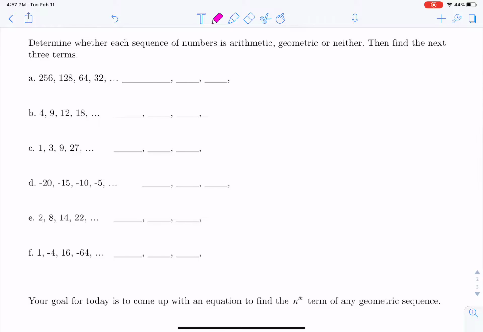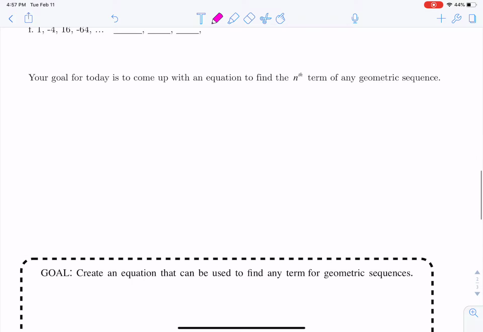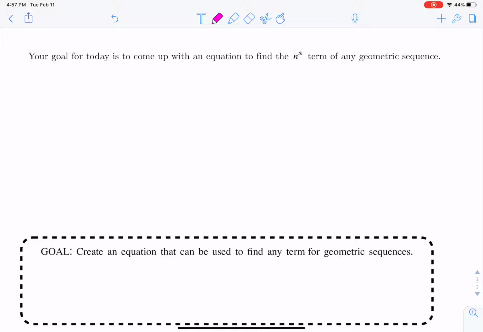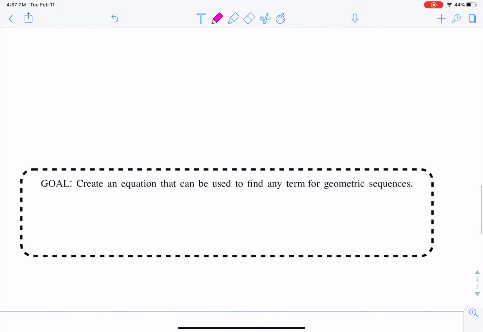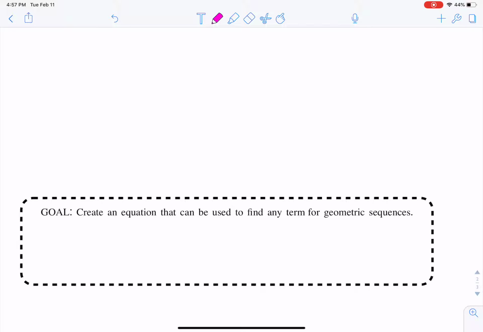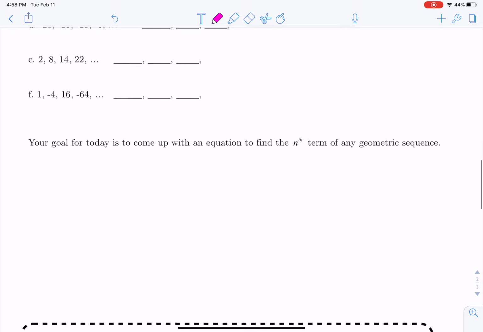Then I want you to come down here, let me know if these sequences are arithmetic, geometric, or neither, and then find the next 3 terms. And your overall goal for today is to come up with an equation to find the nth term of any geometric sequence. So I think that we called it a of n is equal to, and I want you to fill in what you think this would be.